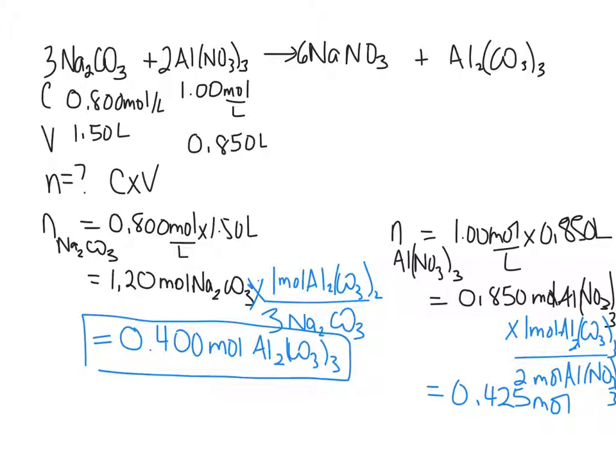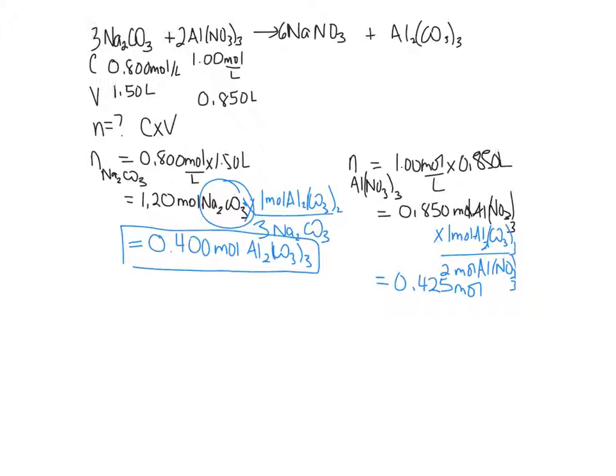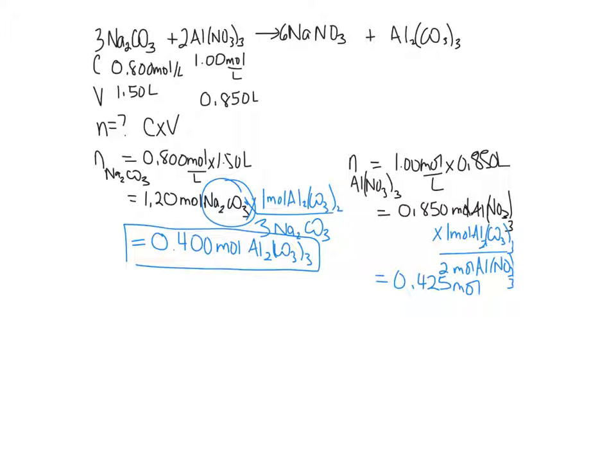This one is smaller, therefore sodium carbonate is the limiting reagent. And now we have to figure out the mass of product you can make. So you're going to multiply that number by the molar mass.